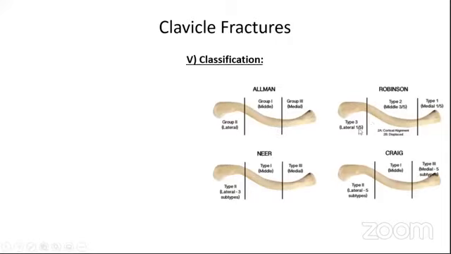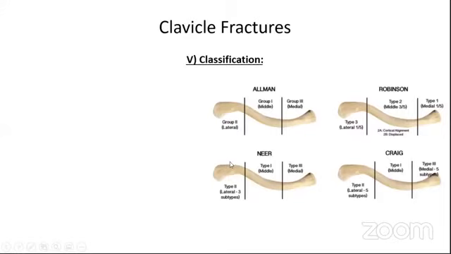Robinson also used medial, middle, and lateral, but he classified it into medial fifth, lateral fifth, and middle three fifths. Neer classified it almost like Allman, but he made more classification for the lateral third of the clavicular fractures. And Craig is almost the same as Robinson.